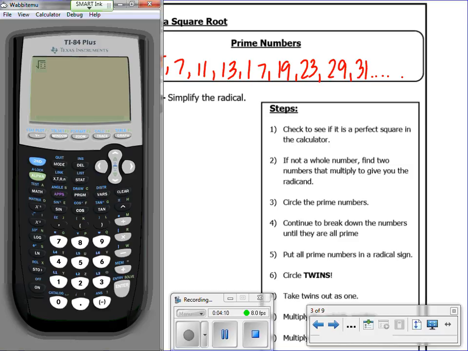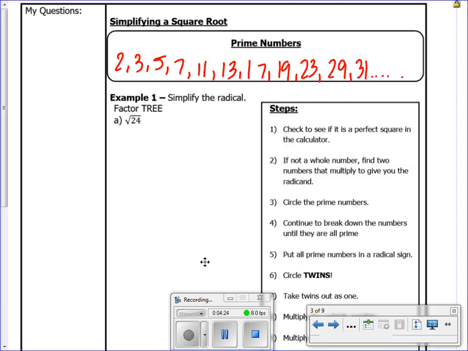We're looking specifically at the square root of 24. So I'm going to plug in 2, 4, and press enter. This gives me a decimal. If it gives you a decimal, it is not a perfect square. So then I have to go on to the next step.